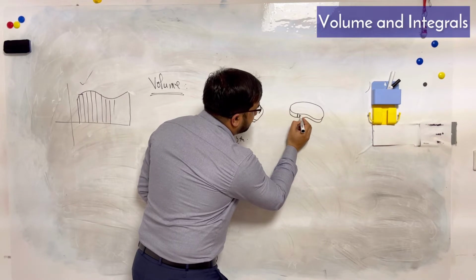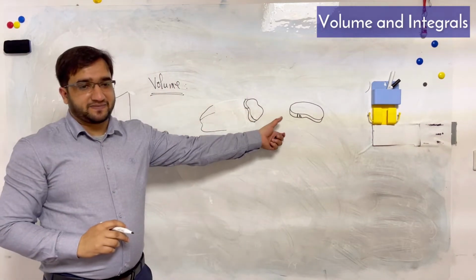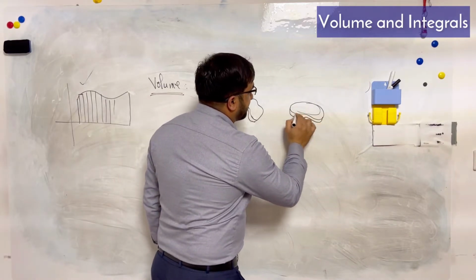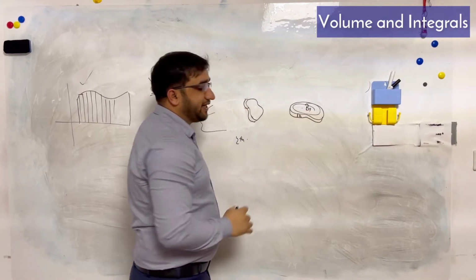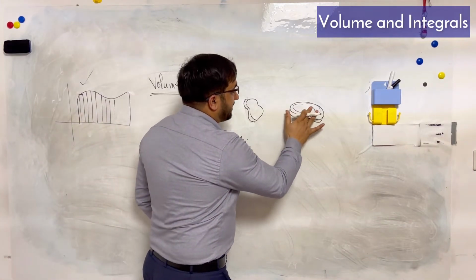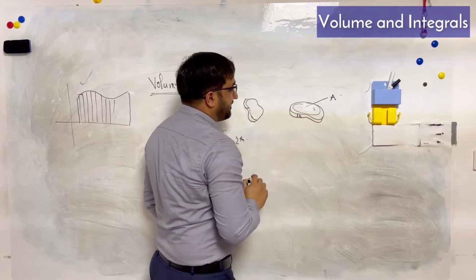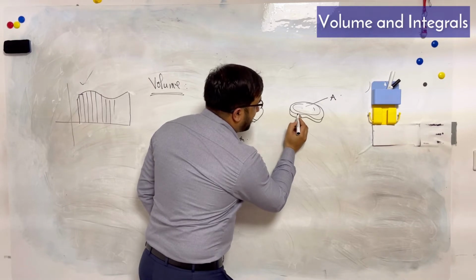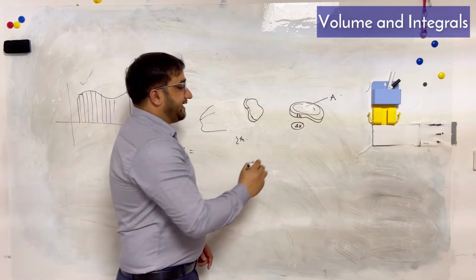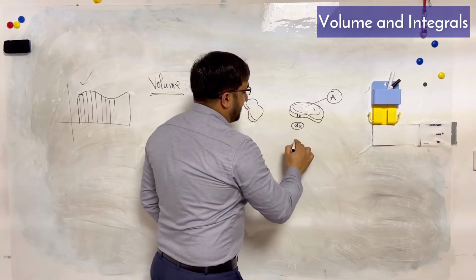This is the height of this slice. Okay. And this region is actually that B1, if you recall. Yes. That part. So I know how to calculate the area of this region, and I know what is the height. The height will be my small delta x. When I multiply delta x with area, I will get the volume.